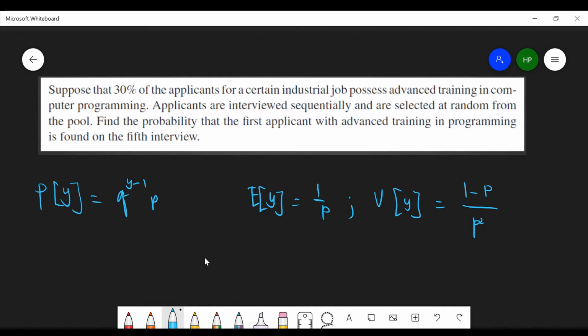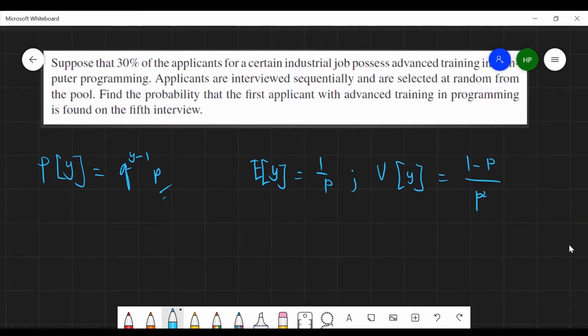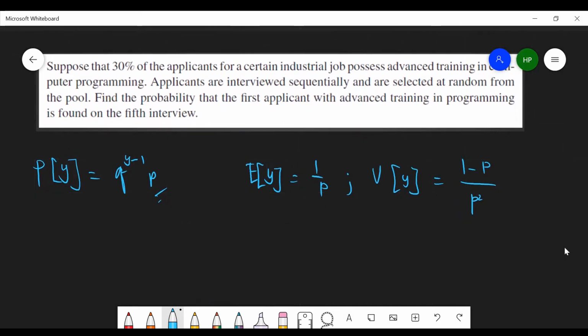Okay? So, again, this is your probability distribution function. So, paano yan? Ibig sabihin, for this, probability of Y equals 5. Okay? Now, q is what? Meron tayong p equals 0.3, therefore, q equals 0.7.